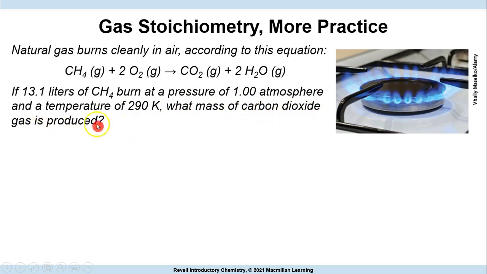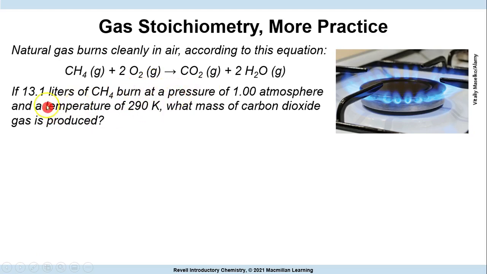So we are given information here in terms of methane, and we are asked the mass of carbon dioxide. So what are we going to do in this case? The first thing is that we are going to calculate the moles of methane.